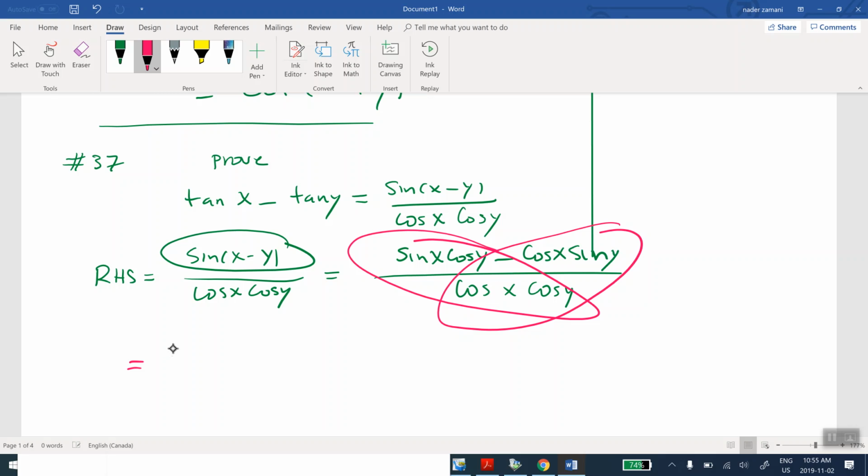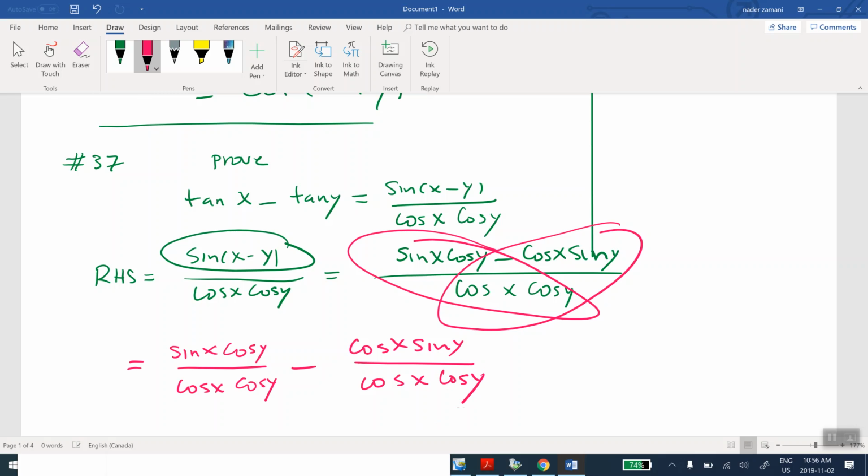So this is equal to sine x cos y over cos x cos y minus cos x sine y over cos x cos y. Now let's cancel what we can. This cancels that, and this cancels this.